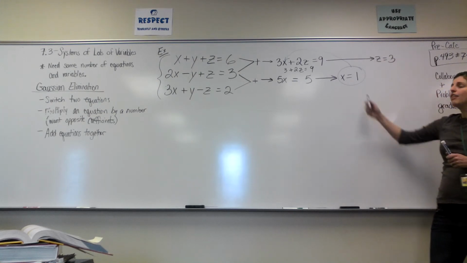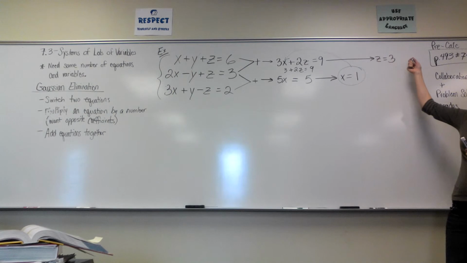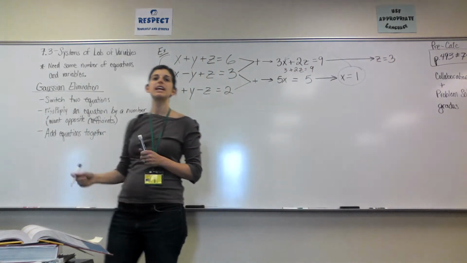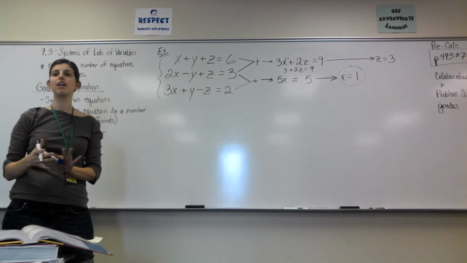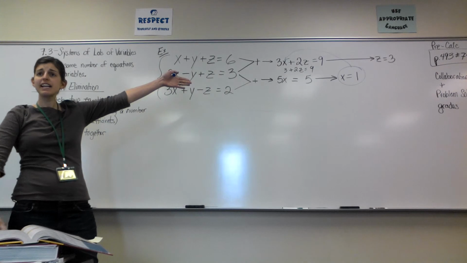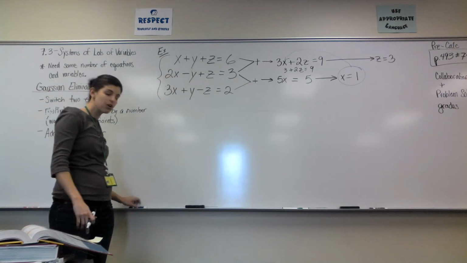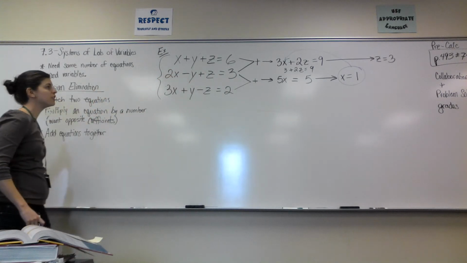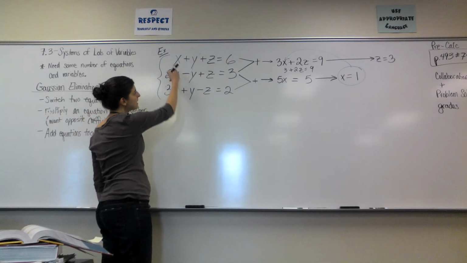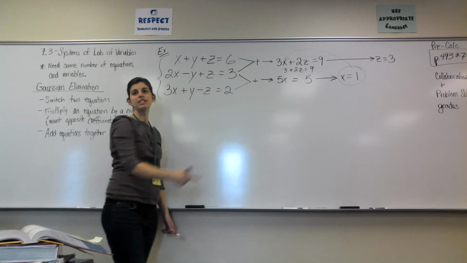Okay, now that you have x and z, you can find y in any of the equations that had x, y, and z in them. All right, you need a y, and they can involve x and z also, since I know what those are. So which equation do you want to use? The top one? Oh, okay. So x plus y plus z equals 6.